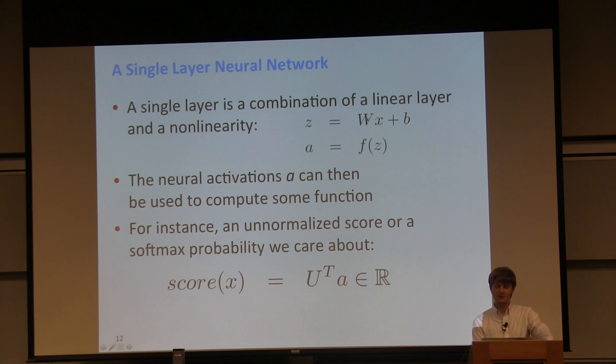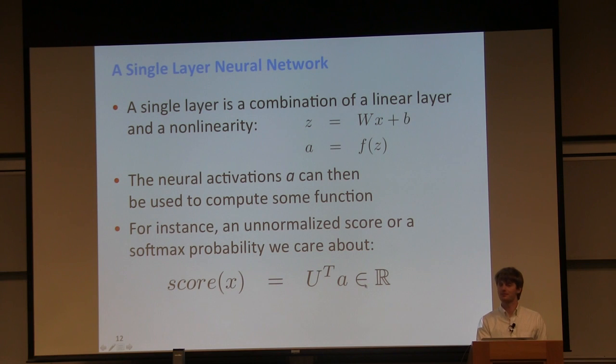Multiply it by a matrix W. The number of rows of W is the number of hidden units that we have, and basically defines the dimensionality of our neural activations A here. So those can now be seen as our features. And now what we can simply do, instead of computing a softmax probability, is we can just compute an unnormalized score with another inner product here. So just basically having a weighted sum here of our features in A.